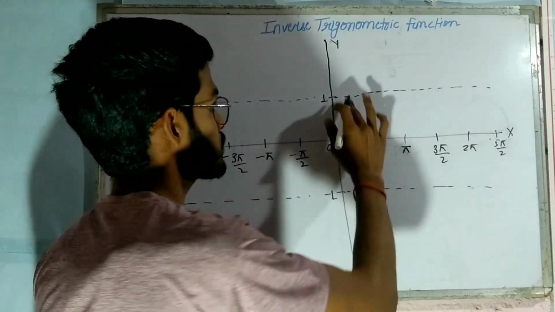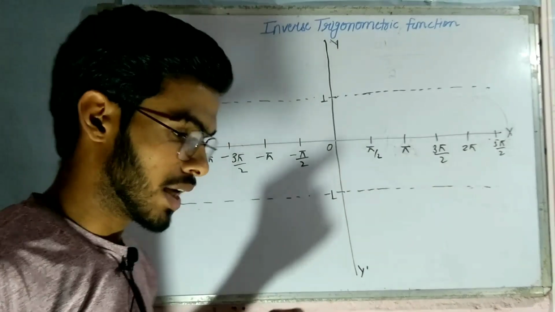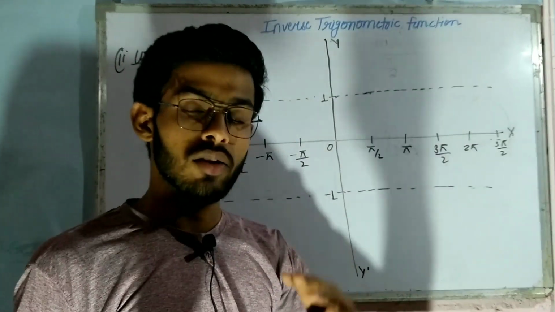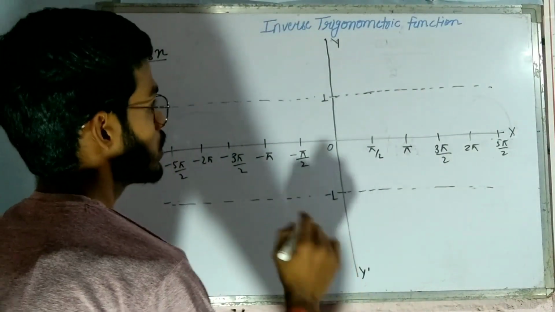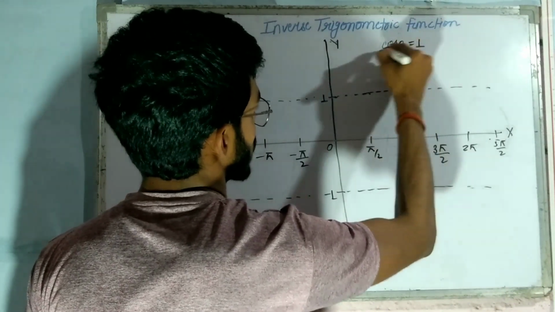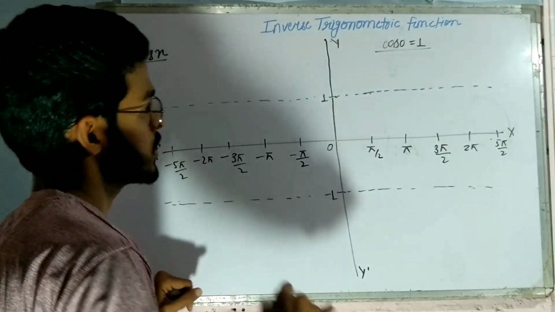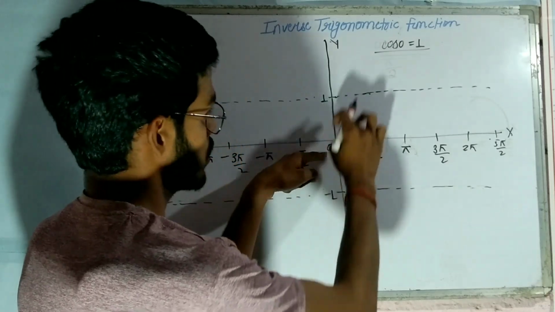That is, cos x is greater than or equal to -1 and less than or equal to +1. So we know that cos 0 is 1.